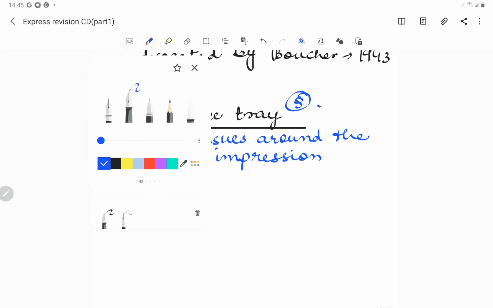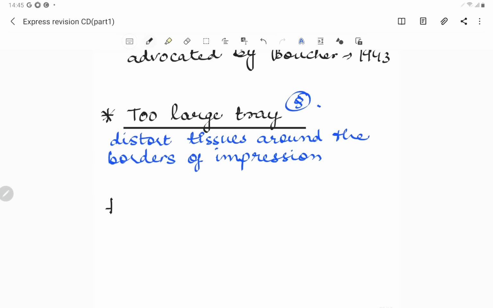What happens if the tray is too small? Then the tissues will not get recorded. Why?